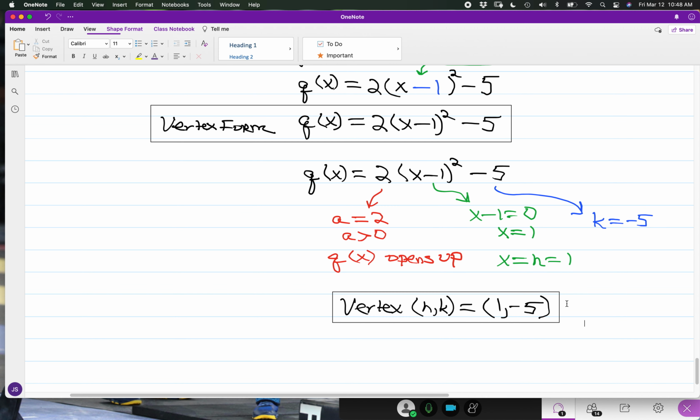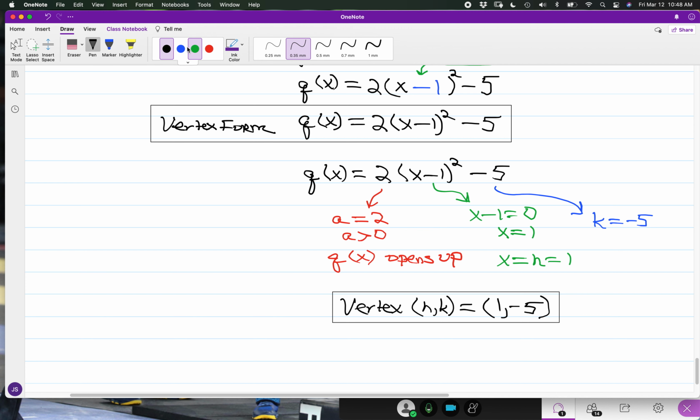Now we had the standard form, and I had to determine the vertex form. Now, I'm going to stress this part here. You have your choice. You can use the standard form or the vertex form to get to the intercepts.